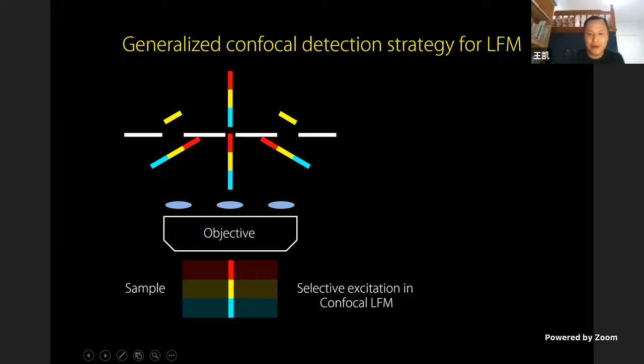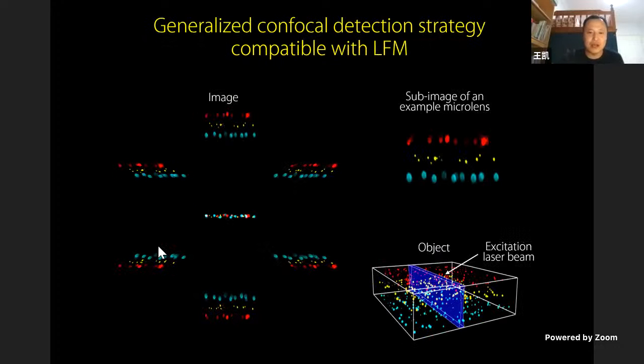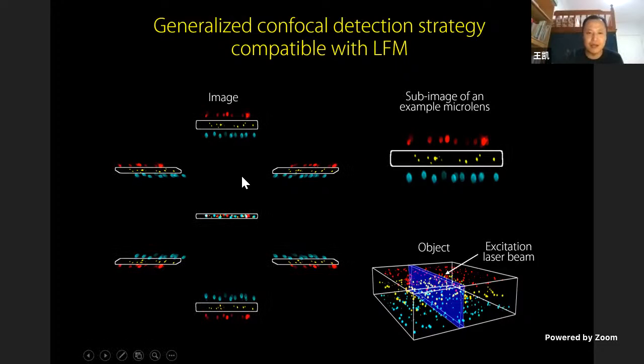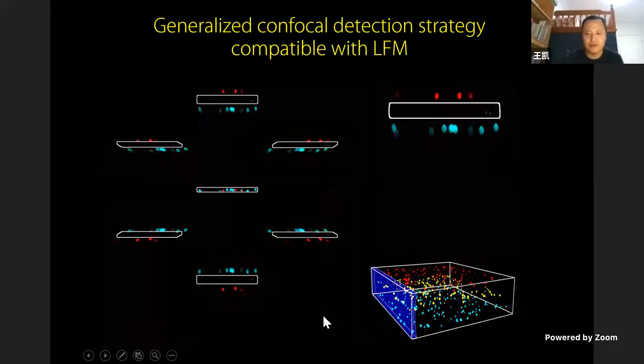So, and then we can scan this vertical light sheet to cover the volume. To make this work, we demonstrate that. That's a 3-dimensional animation showing the mask, for example 7 microlens, and that's a vertical light sheet.